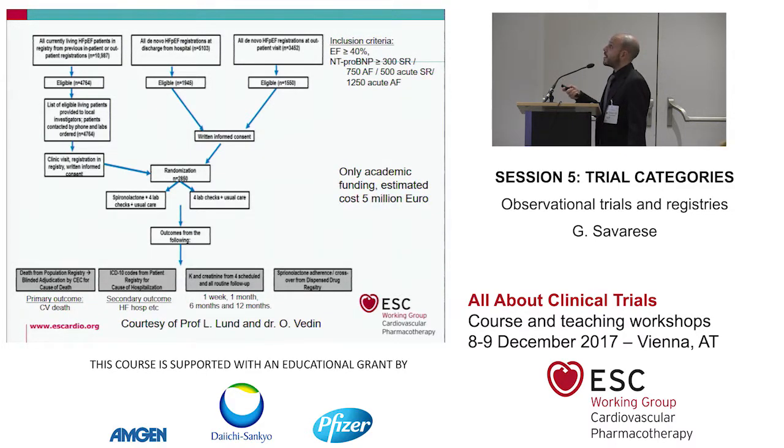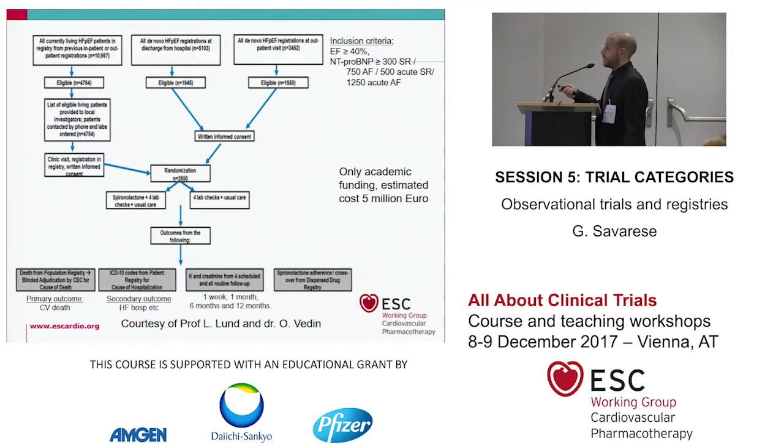And if patients are not included in the Swedish Heart Failure Registry, but they are seen in our departments and satisfy the inclusion criteria of our study, they are included in the registry. Then patients are randomized to spironolactone yes or spironolactone no. So it works like in randomized clinical trials.